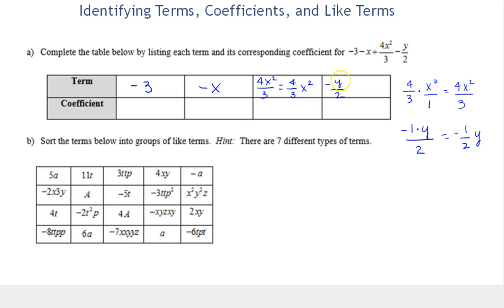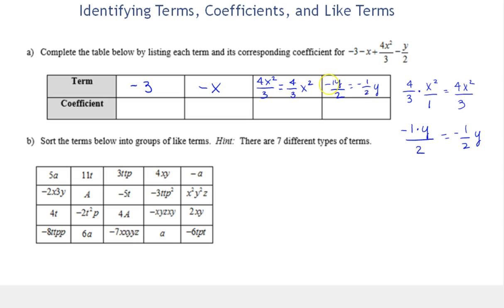Okay. So in this case, when the variable doesn't seem to have a coefficient in the numerator, remember the invisible coefficient is 1. Okay? And to write this as a term, we should write this as negative 1/2 y. Okay? So again, the main reason is we like to write it as a constant number multiplied by the variable part, whatever it is. Okay?